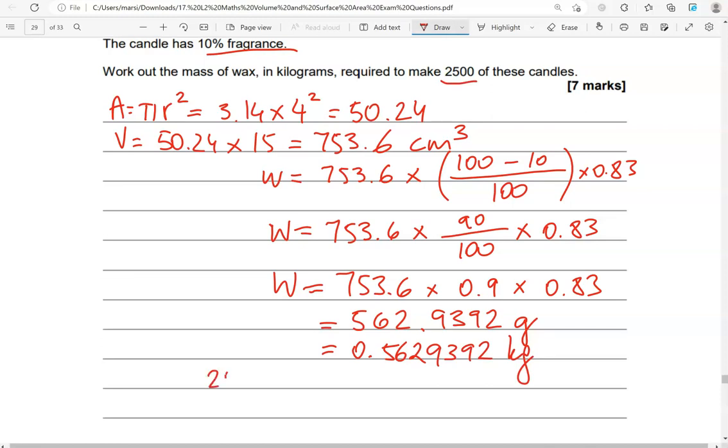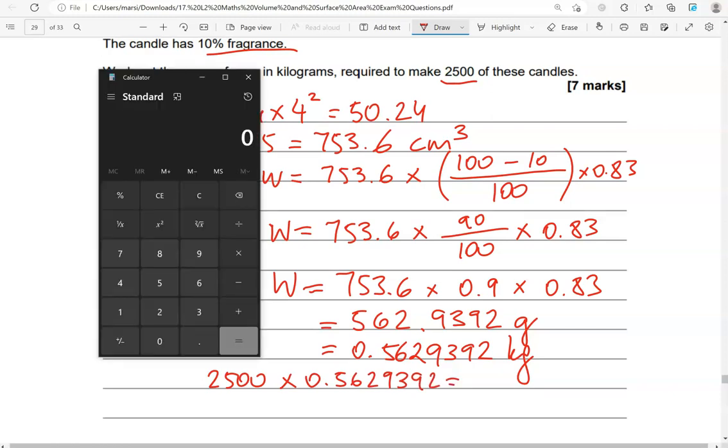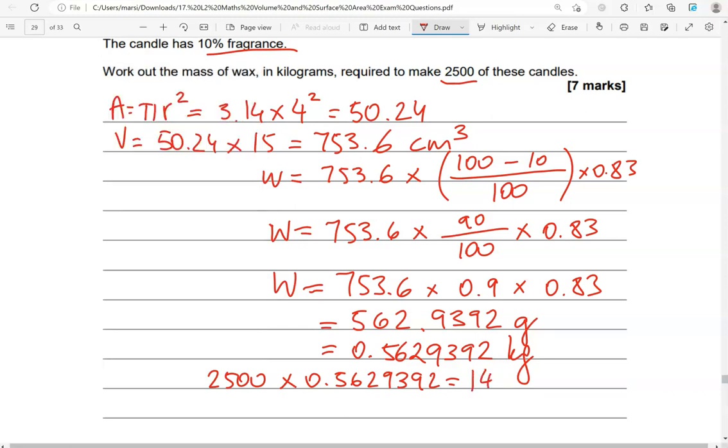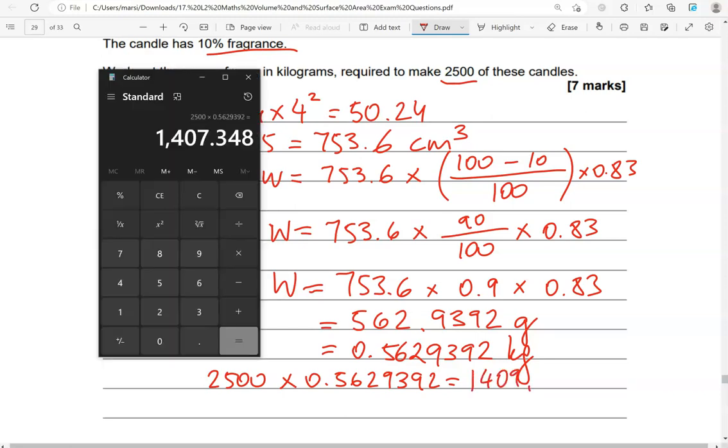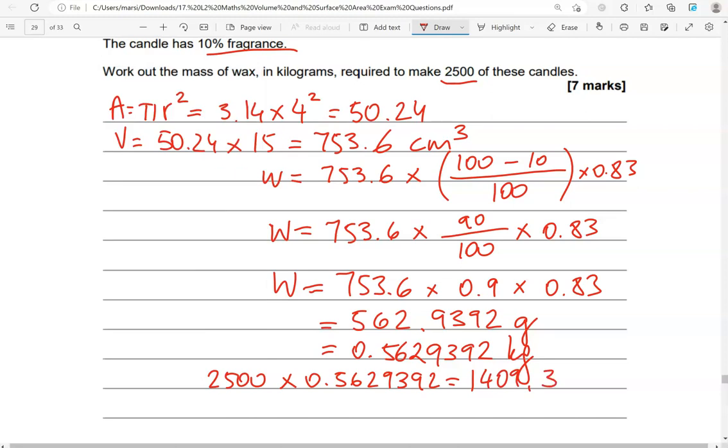So we'll do 2,500 times 0.5629392, which is 1,407.348 kilograms.